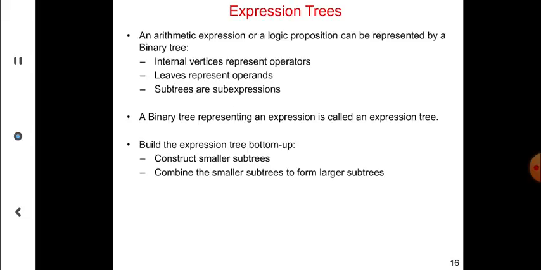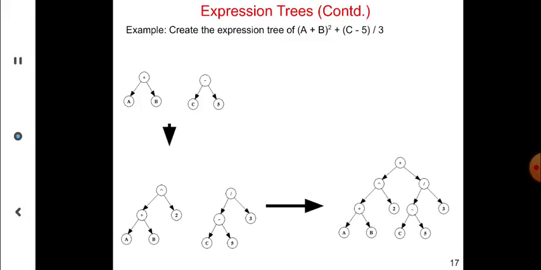Building an expression tree is always bottom up. Construct smaller subtrees and combine them into a larger tree. Look at this example: create an expression tree for (A plus B) whole squared plus (C minus 5) over 3. So A plus B, and then C minus 5, these two. Then A plus B is going to be squared, the power operator shown with 2.